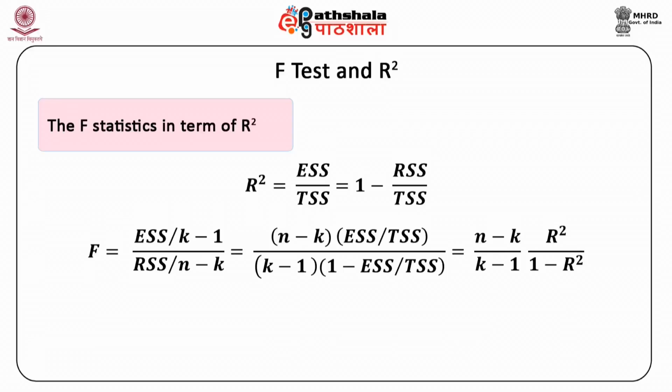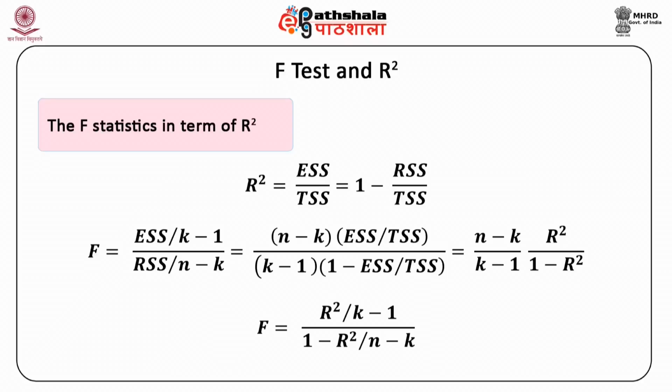On simplification this comes out to be N minus K upon K minus 1 into R square upon 1 minus R square. Therefore, F can be written as R square upon K minus 1 divided by 1 minus R square upon N minus K.